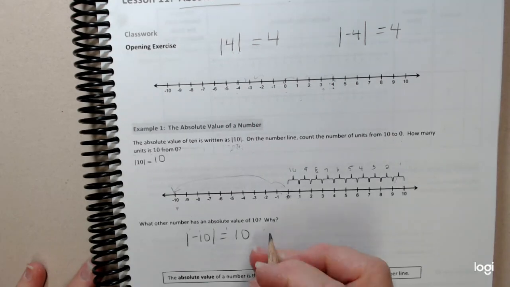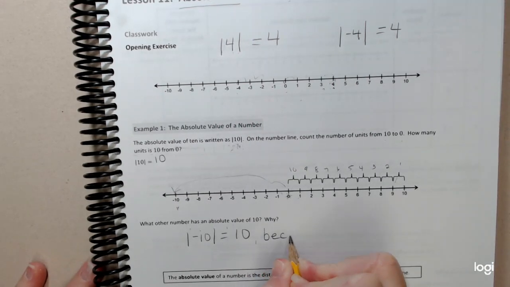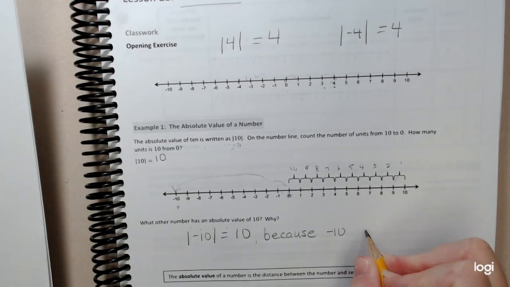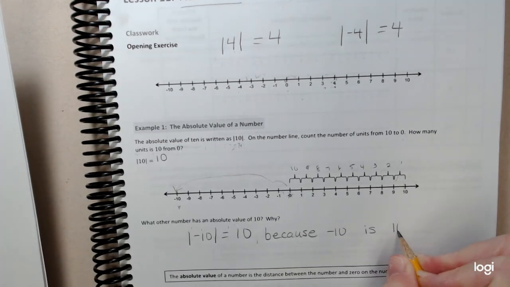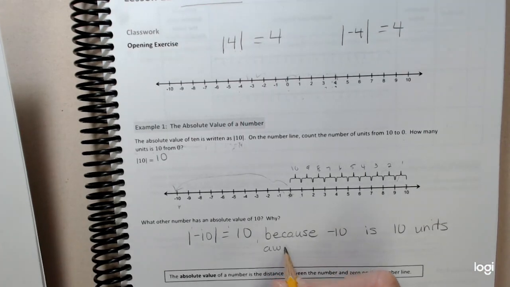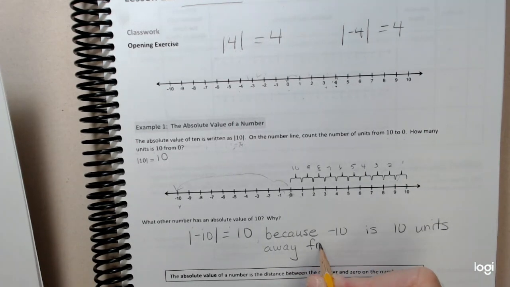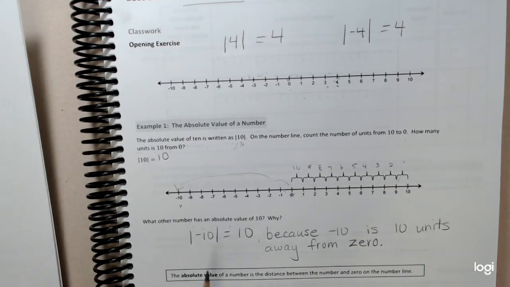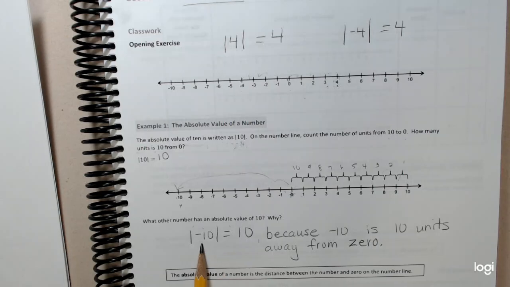Why would we say this? Because negative 10 is 10 units away from 0. The absolute value of negative 10 is 10.